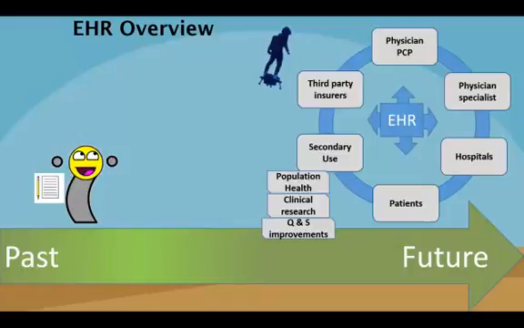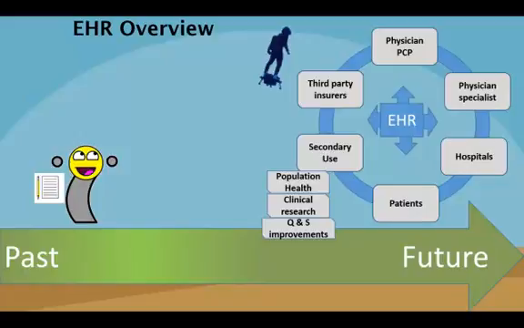Any specialist the patient sees will have access as well. All the hospitals, so any hospital your patient goes to, whether for an overnight visit or emergency department visit. Patients, so then that's current now, so part of meaningful use allows patients to have access to view their records. Third-party insurers, of course, will be able to view the records.